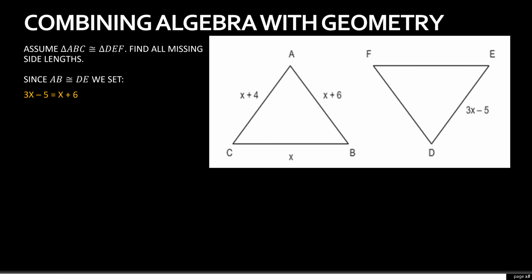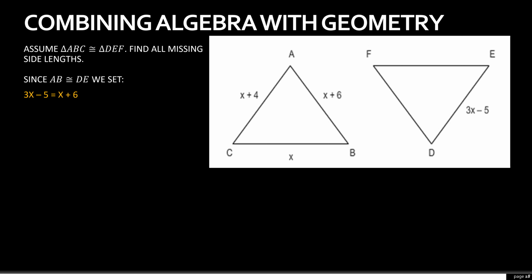And the reason why I'm comparing AB and DE is really two reasons. If I take a look right here, AB, those are the first two letters over here, and DE, those are the first two letters over here on this side of the congruent statement. And if I take a look at my diagram, it appears plausible that 3x minus 5 corresponds with x plus 6 over here. So that's why I set up my equation.